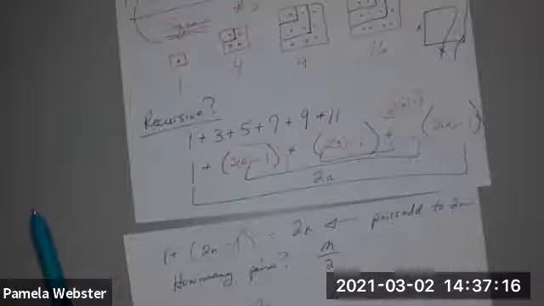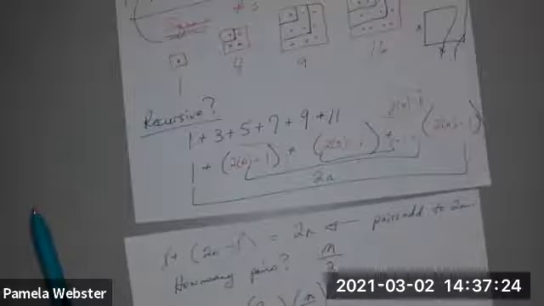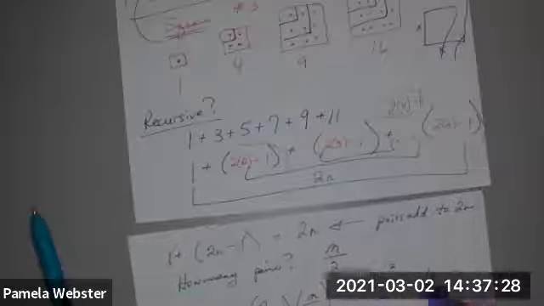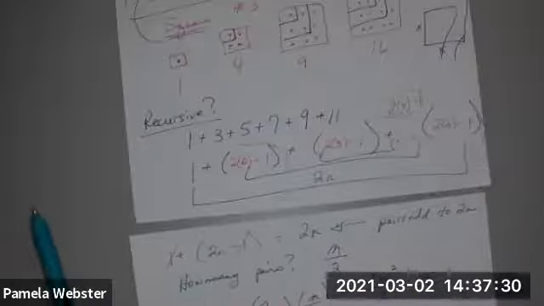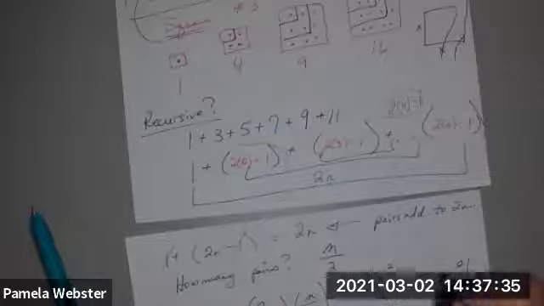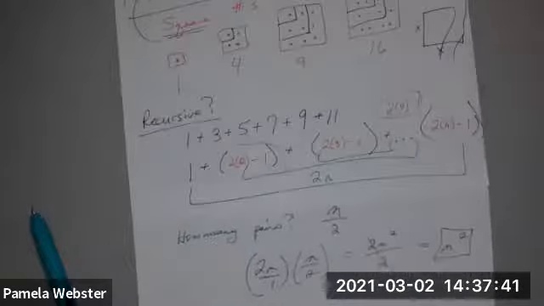Okay, so now I've got 2n times n over 2. 2n times n is 2n squared over 2. We know 2 divided by 2 is 1. Look, it's n squared. Surprise. We already knew that was going to be n squared, right? But it's kind of cool to see it fall out for us.